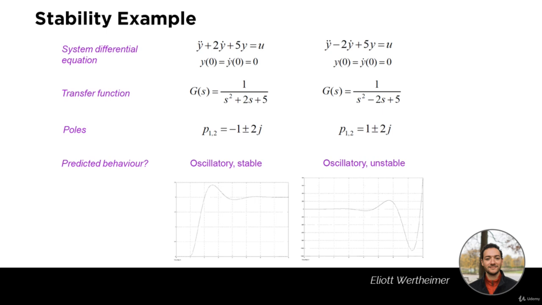It means that when you input a signal, it will first start to oscillate, but these oscillations will slowly and progressively die out. So this is a stable system where the oscillations die out. In an unstable system, these oscillations become worse and worse.